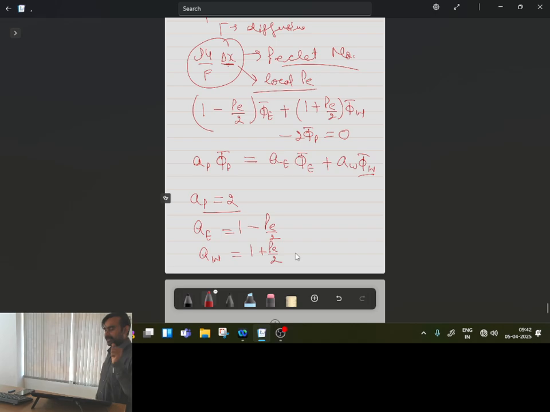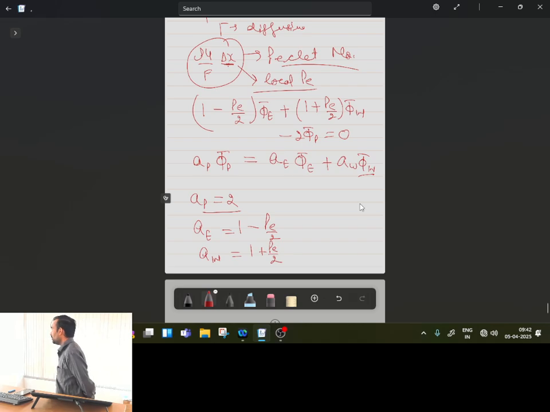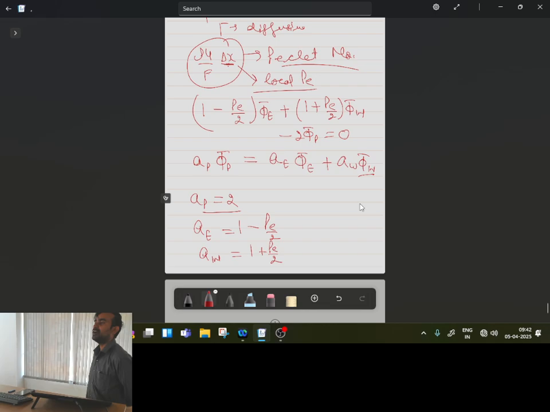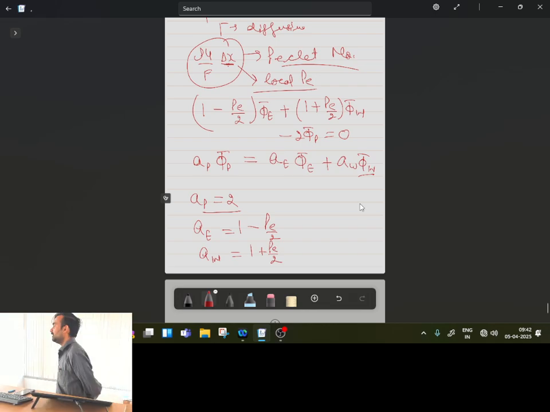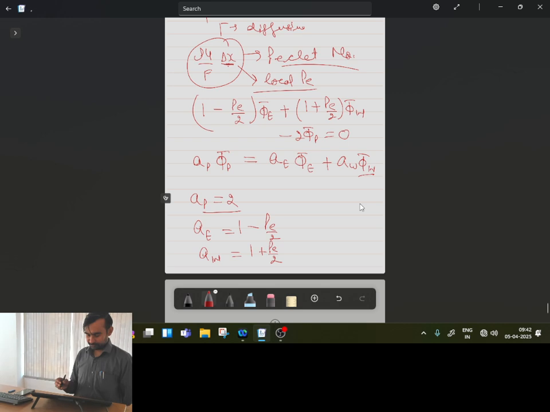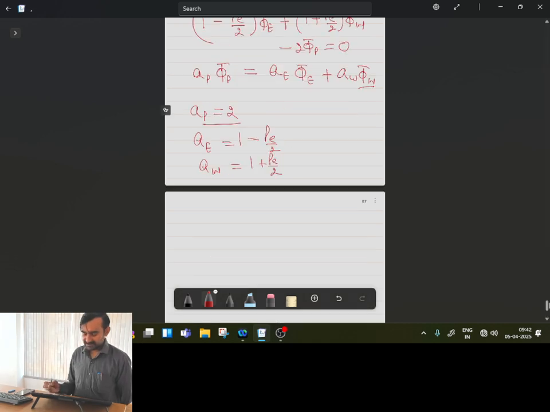Like this, what have I got finally? An algebraic equation which is a function of the values of unknown parameters at the node points. Now what do I need to do? Of course, this has become an implicit formulation because I need to calculate the values of all the phi's, which are initially unknown.